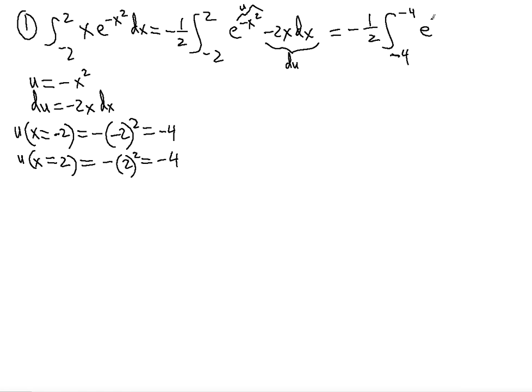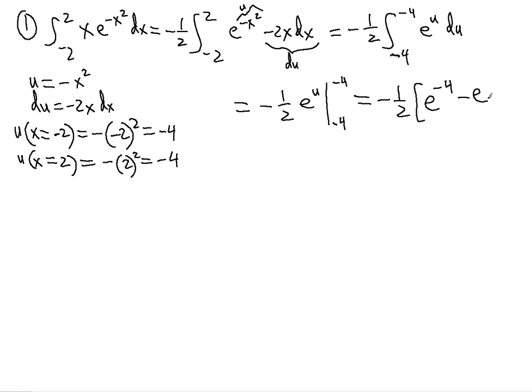So we get e to the u du. Now we're going to have -1/2 e to the u integrated from -4 to -4. That will give you -1/2 times e to the -4 minus e to the -4, indeed 0, because 0 times -1/2 is going to be 0.